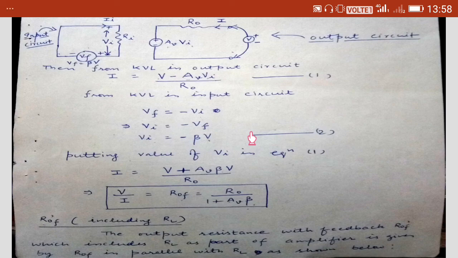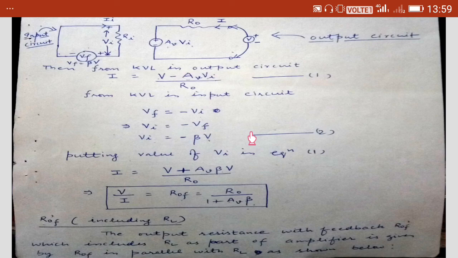Now you can easily observe by this equation that output resistance without feedback is R naught and output resistance with feedback is ROF. So output resistance is reduced due to negative feedback, because ROF is equal to R naught upon 1 plus AV beta, and 1 plus AV beta is larger than 1.